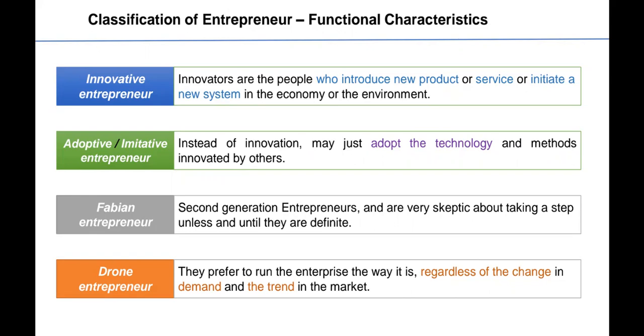They prefer to run the enterprise their own way. Such entrepreneurs are called drone entrepreneurs. So these four entrepreneurs are classified under functional characteristics: innovative entrepreneur, adoptive or imitative entrepreneur, Fabian entrepreneur, and drone entrepreneur.